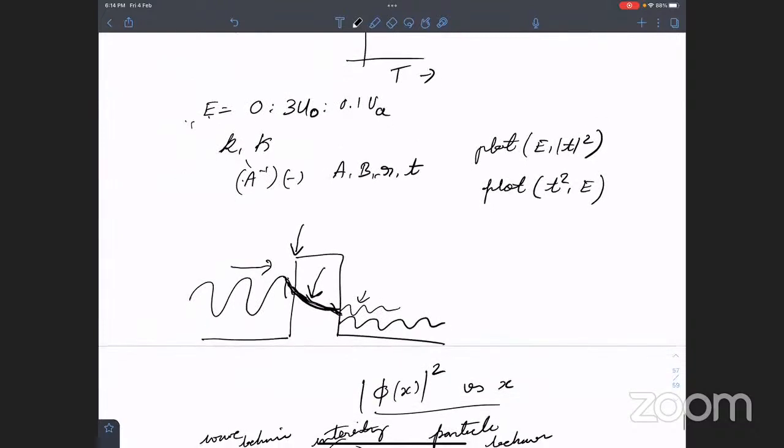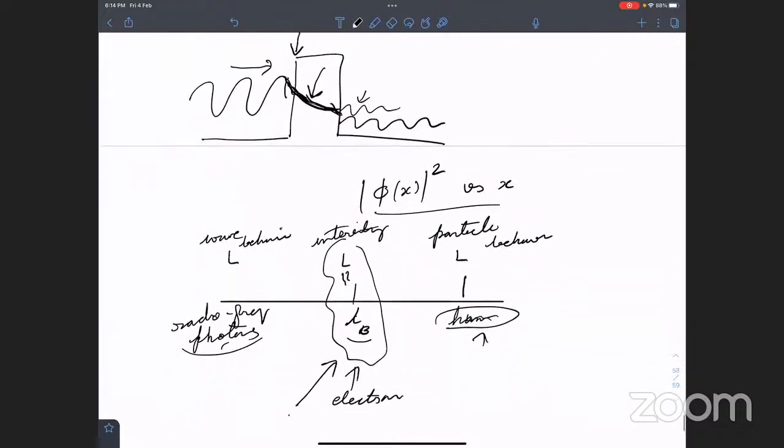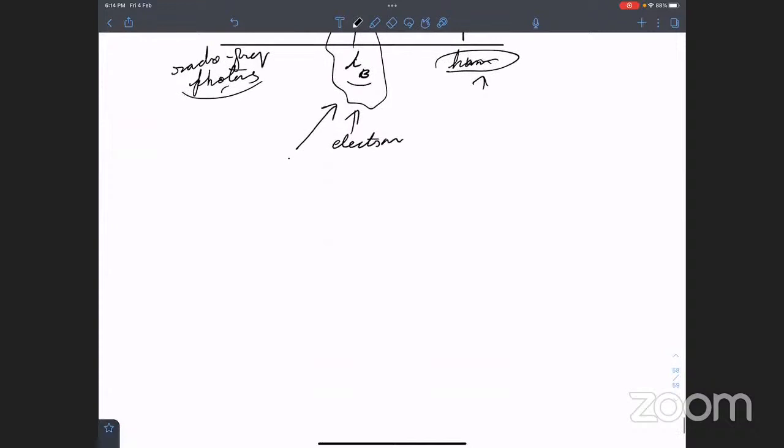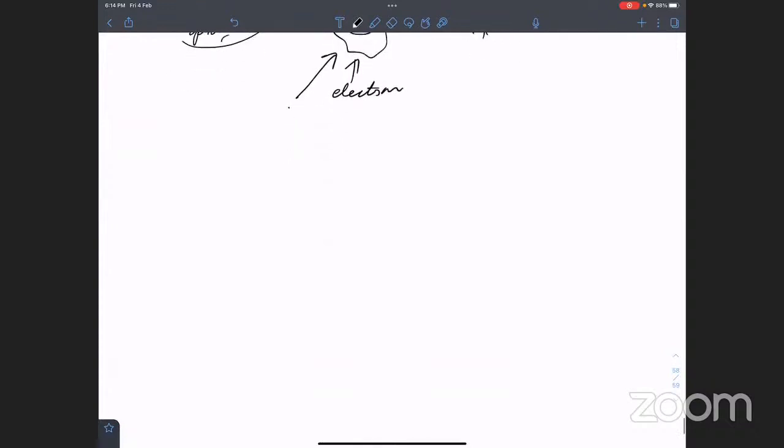I hope the idea of tunneling is clear to you. So let me summarize what we have discovered by solving the Schrodinger equation in a one-dimensional potential. We have gone from an infinite well to a finite well and its opposite, a finite barrier.